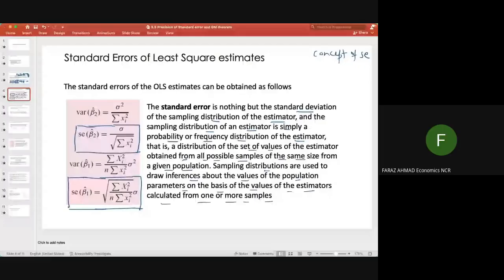Now, the concept of standard error is that if you collect all possible samples of size 10 from the same population of size 1000. Remember, I'm saying all possible samples of size 10, right?